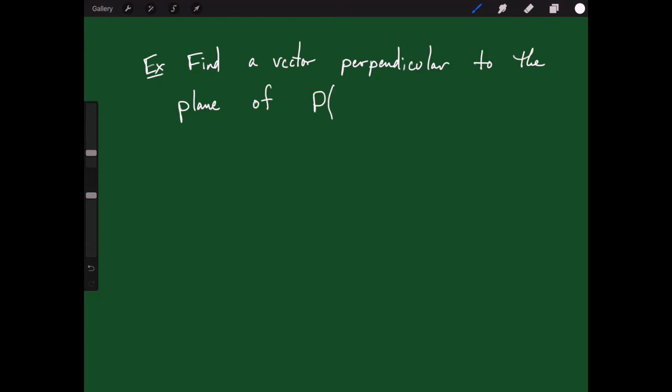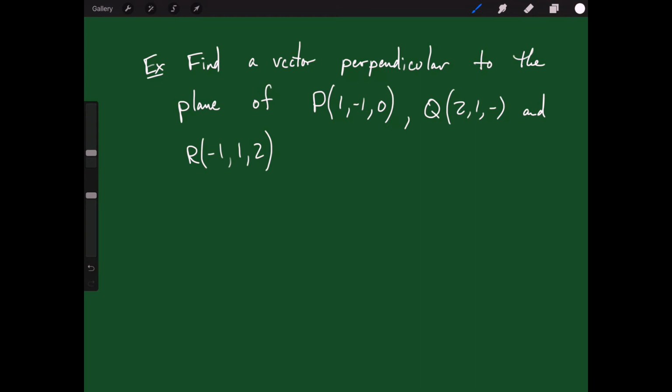We'll call P the point 1, -1, 0. We'll have the point Q, which is 2, 1, -1. And we'll have the point R, which is -1, 1, 2.